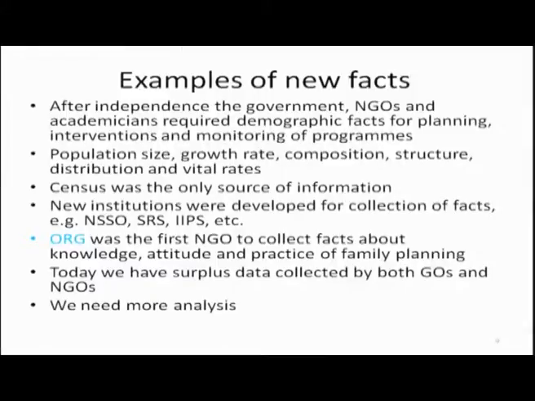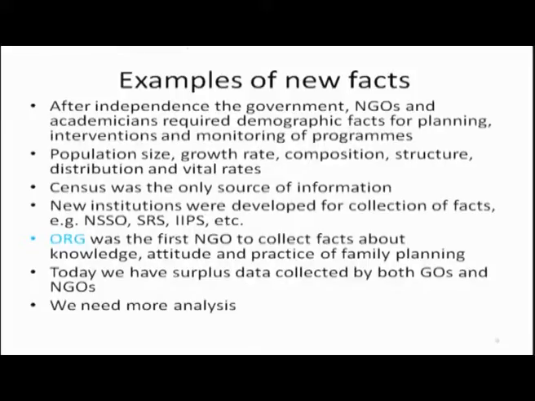Vital rates mean fertility, mortality, and that means knowing birth rates, fertility rates, age specific fertility rates, total fertility rate and other measures of fertility and measures of death rates, infant mortality, maternal mortality, child mortality, adult mortality, mortality at older ages.